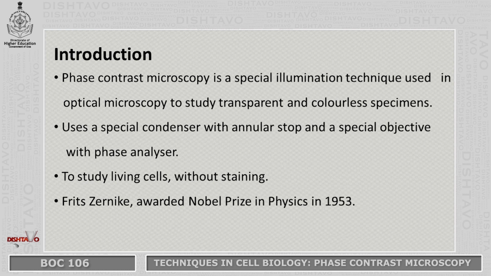There is no staining as such, so the cells appear transparent without stains. If you use stains, the cells get killed. So phase contrast is a very excellent technique to study living cells without staining.